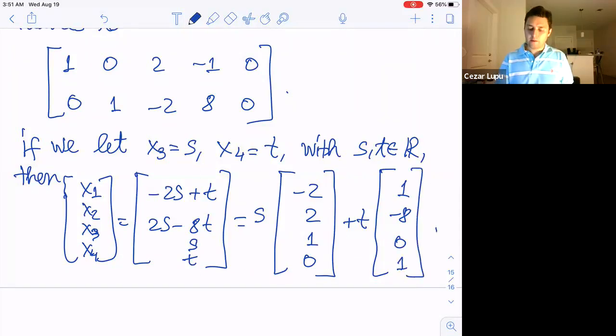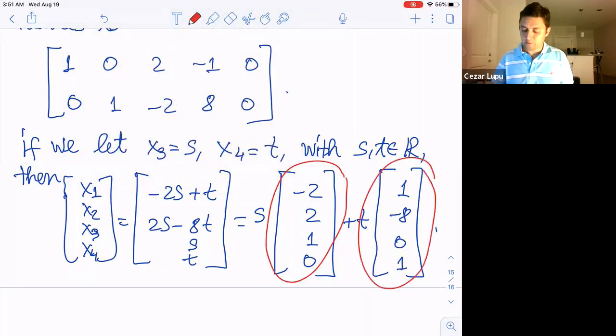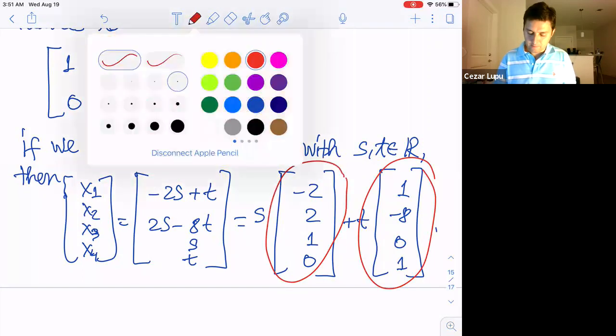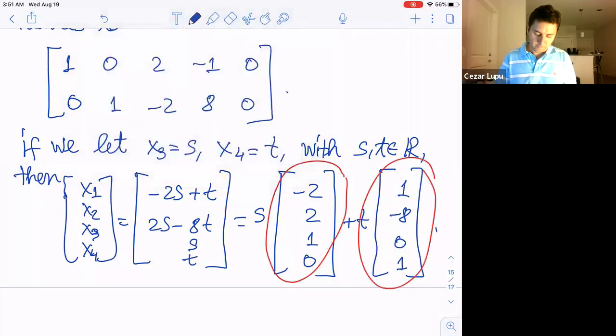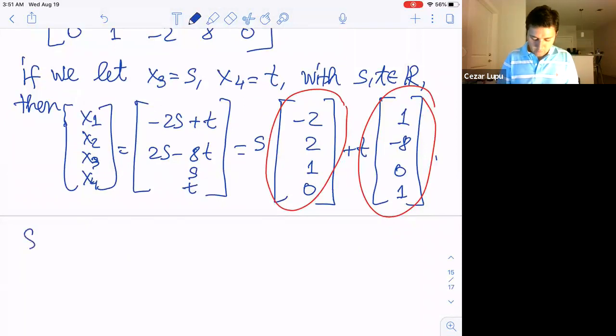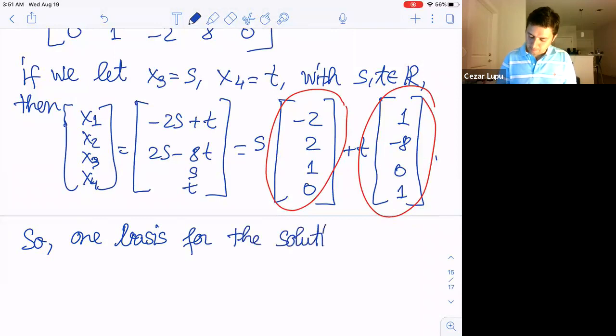And clearly, if you look at these two, the set of solutions is spanned by these two, right? So one basis for the solution space is the following.